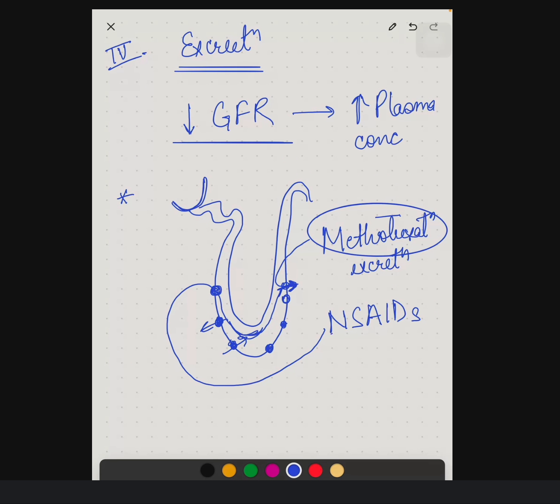And when NSAIDs are occupying these transporters, then methotrexate won't be able to go out of the tubules and it stays in the body. So this is a competitive type of occupancy of the tubular transport system. So during the excretion phase, they can affect the GFR in general, or they can competitively occupy the transporters or the gates from which the other drugs are going. So is this clear so far, or do you want me to repeat anything here?